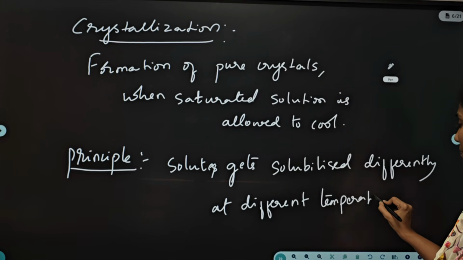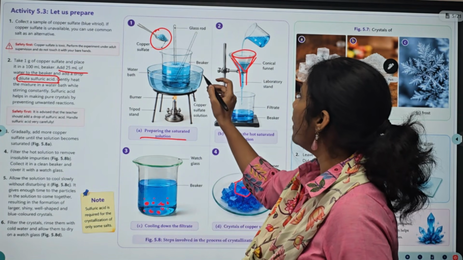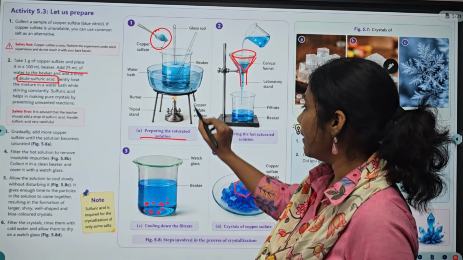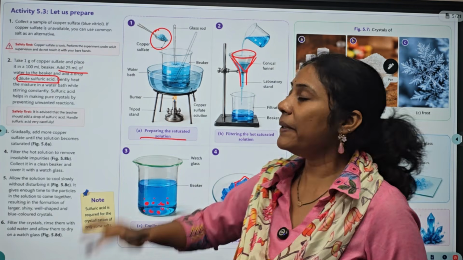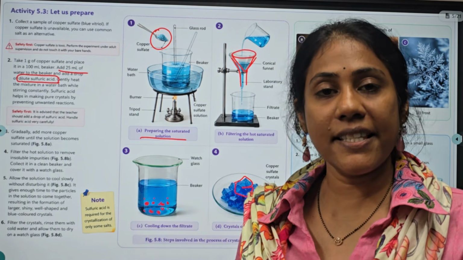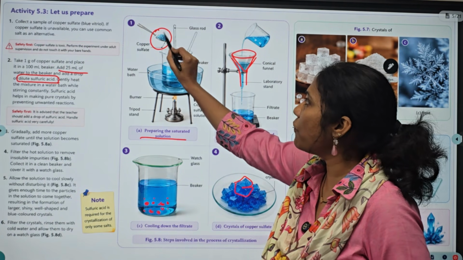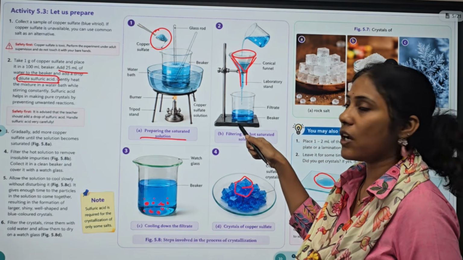Copper sulfate was fully soluble when you heat it to maybe around 50 or 60 degrees centigrade. Whatever extra amount of copper sulfate you added, everything got solubilized.